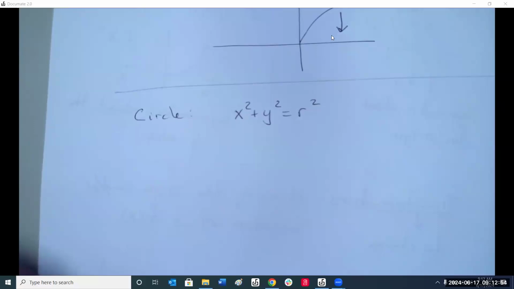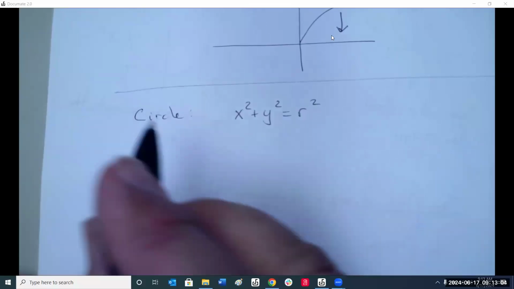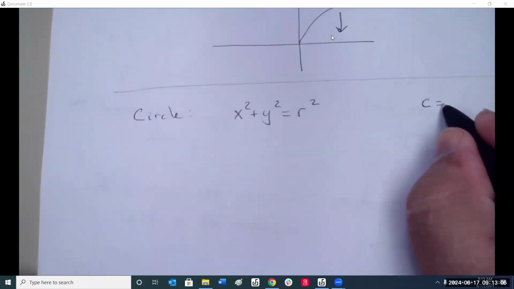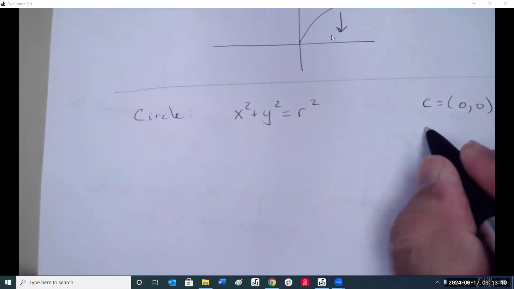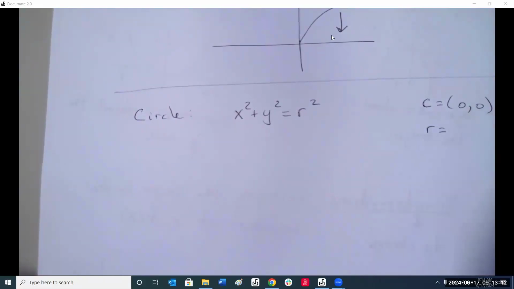It's an equation of a circle. What did you need to draw the equation of a circle? You need the center. So what's the center of this equation? 0, 0, very good. And then you need the radius. It's r, whatever that r is.